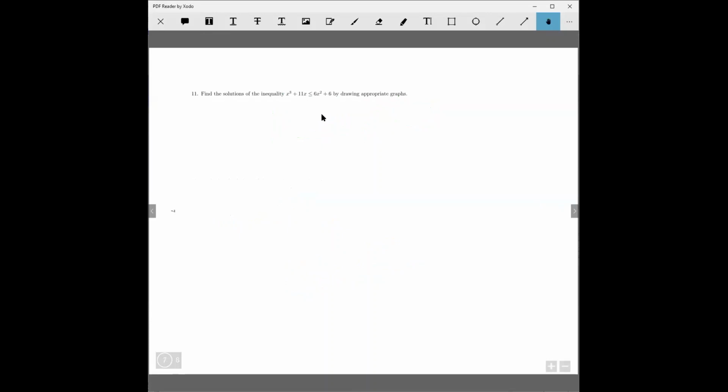Okay, number 11. So here we have an inequality. Okay, x cubed plus 11x less than or equal to 6x squared plus 6. So again, it's going to be easier if we bring everything to the other side. So this 6x squared comes over as minus 6x squared.